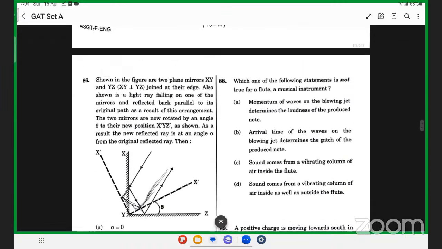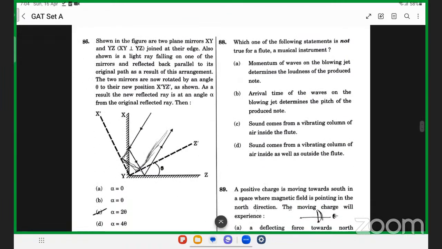87 के बाद 88, which one of the following statements is not true for a fluid, a musical instrument? Sound comes from a vibrating column of air inside the fluid.